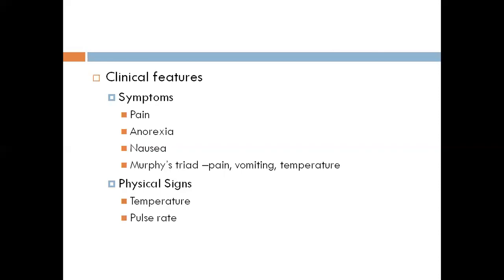Now, there is a rapid multiplication of the resident bacteria that also increases distension. And when this bacterial invasion occurs to the deeper coats, then there is absorption of the bacterial toxin, which in turn causes fever, tachycardia, and leukocytosis.